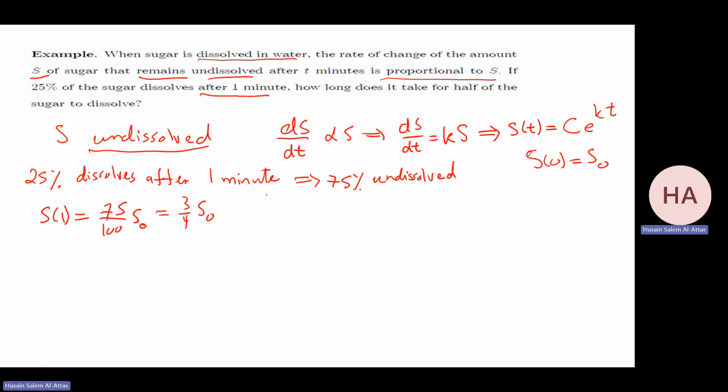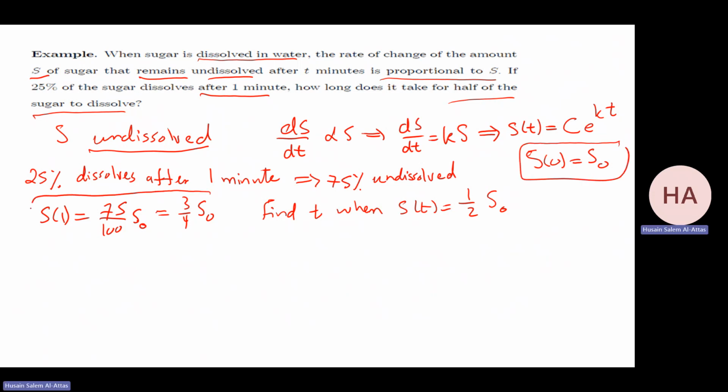What do they want? Find t when S of t equals half S0. How long does it take for half to dissolve? Let us use this information to find this.